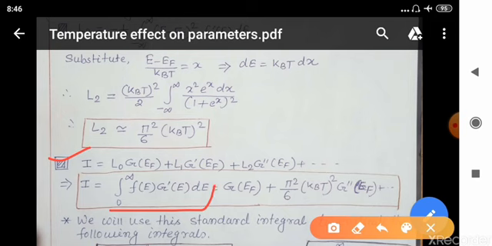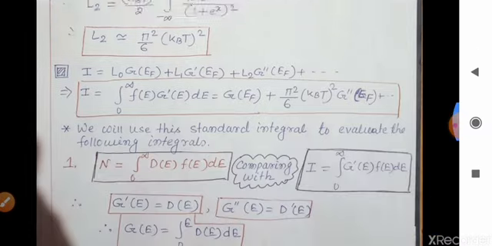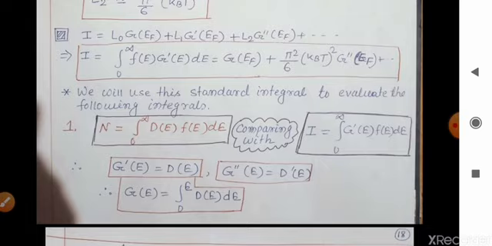This is our actual integration, and since L0 is equal to 1, it is G(EF) only, and L1 is 0, so we can neglect the second term, and L2 equals pi square by 6 (kBT) whole square G double prime (EF). So this is the standard form of the integration, and on the basis of this standard integral we will deduce our required integration. So now we will use the standard integrals to evaluate the following integrals.